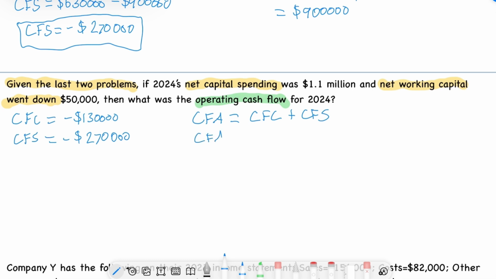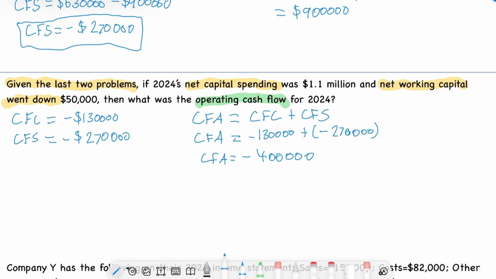We're going to add these two together. Negative $130,000, we're adding a negative, which means we're subtracting it, negative $270,000. That's going to combine to give us negative $400,000. And that's our cash flow from assets.